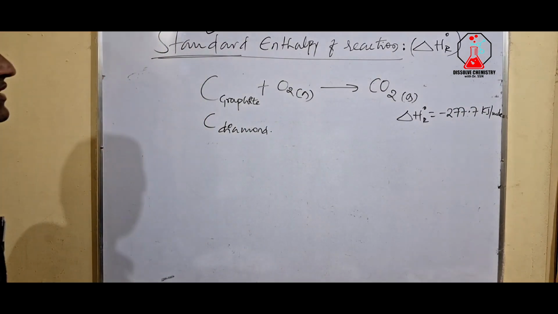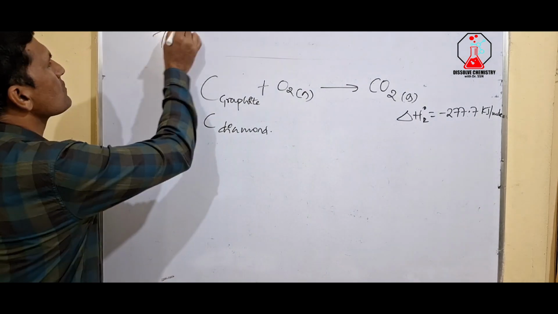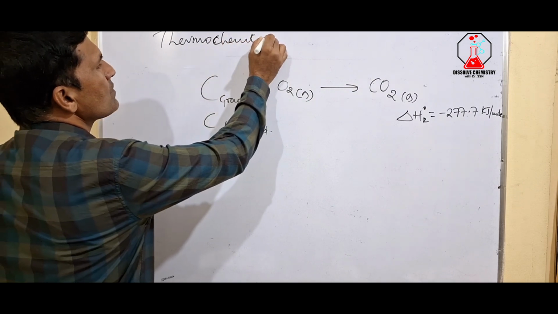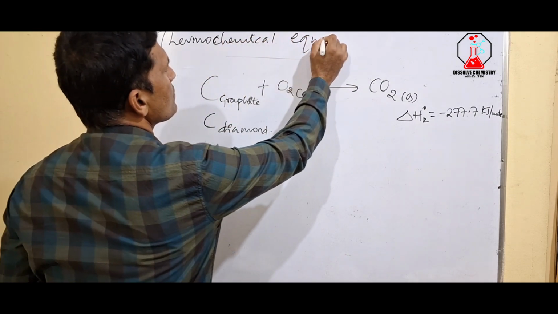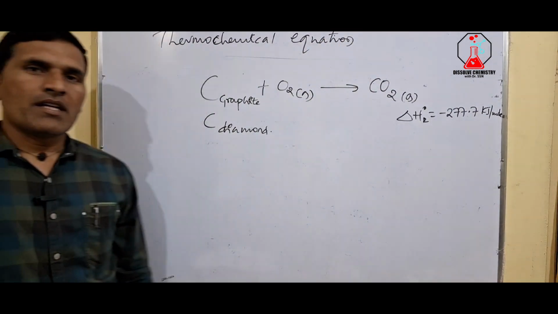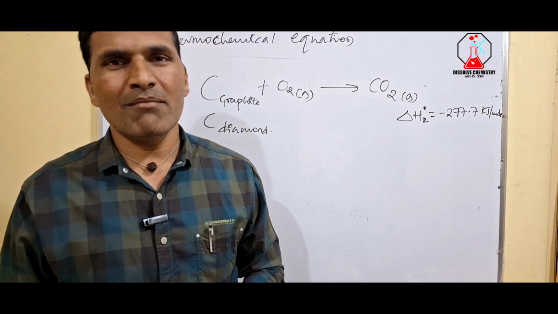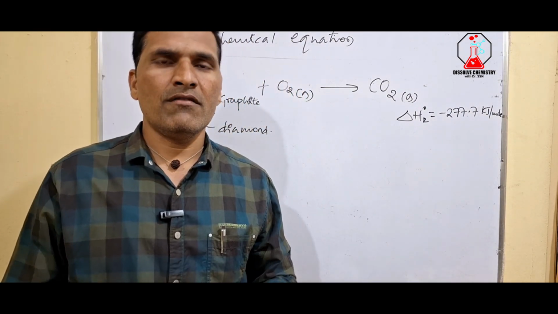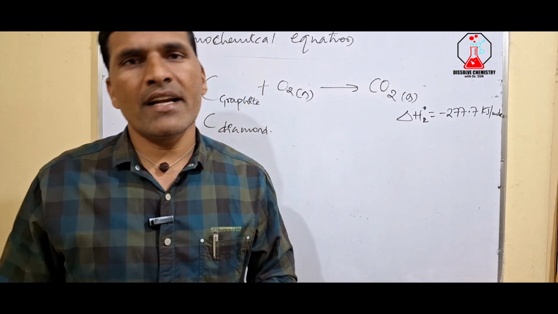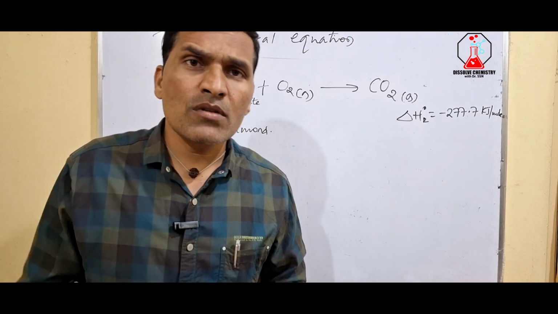Now let us define the next term called thermochemical equation. Means what? Thermochemical equation. You might know that we write a balanced chemical equation for any reaction, maybe organic, inorganic, whatever it is. So what do you mean by thermochemical equation?